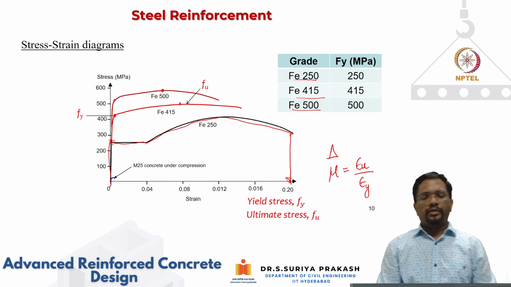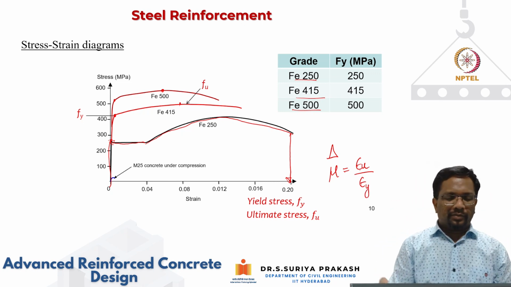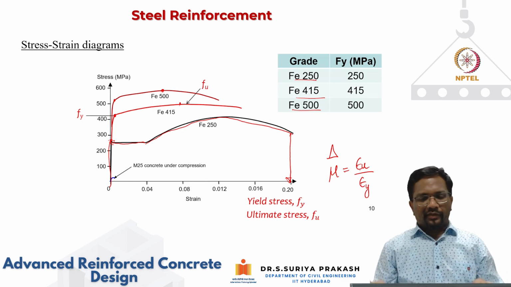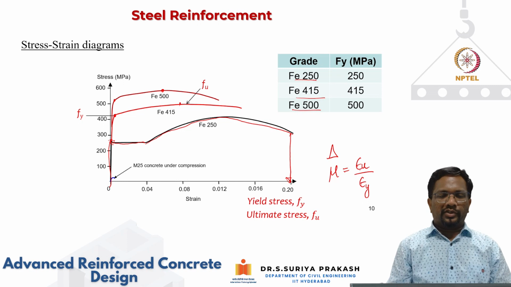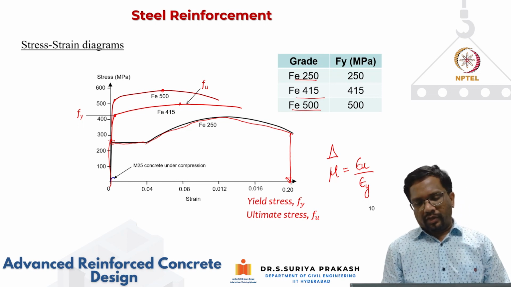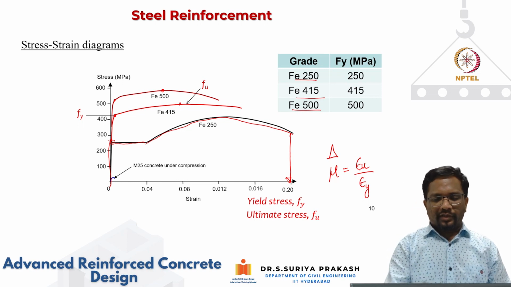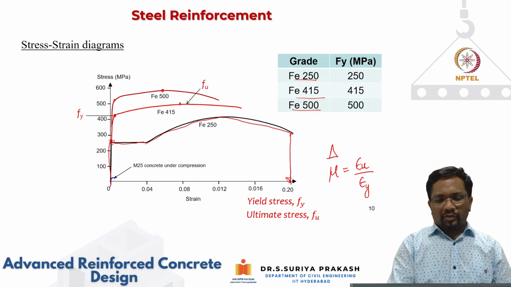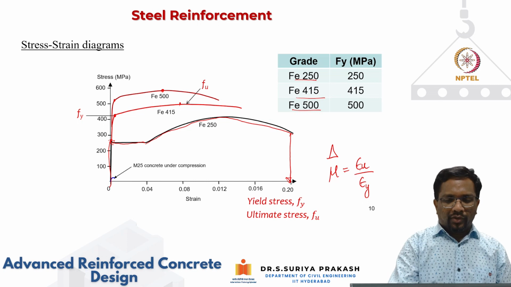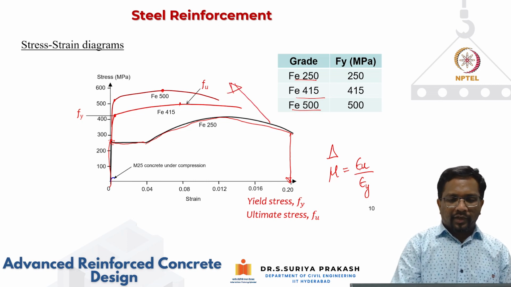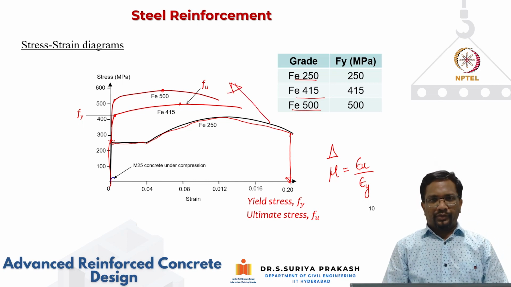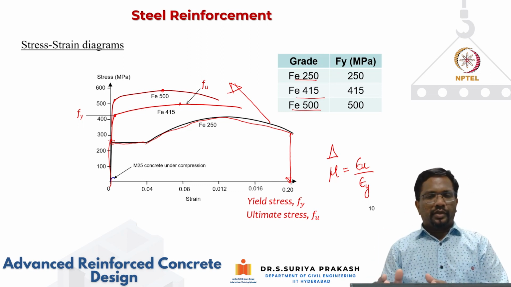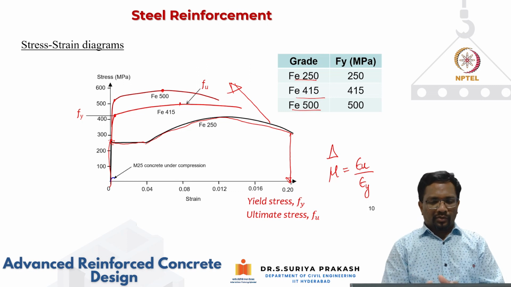Different ways people define ductility, but it is a measure of plastic deformation, and the ability to hold the stress over a long range of strain without reduction in stress capacity. One thing to note here is that as you go higher and higher in grade, as we have seen in concrete also with high strength concrete, the ductility or the post peak deformation in the system is going to reduce.